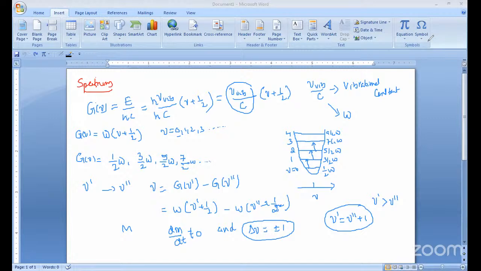So this is what we call the observed vibrational rotational spectra. In your book it is given in terms of a figure.